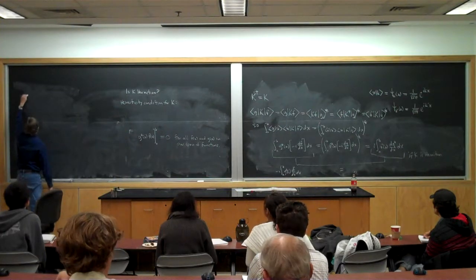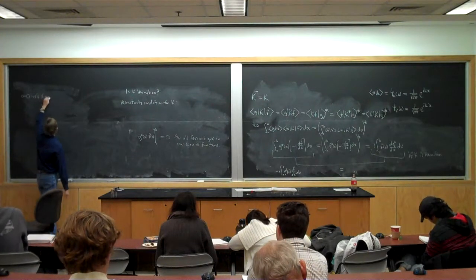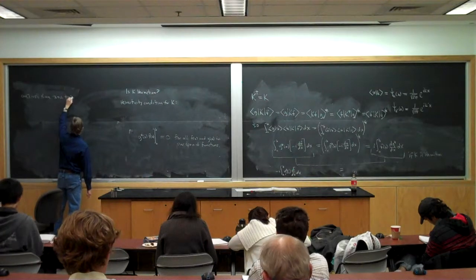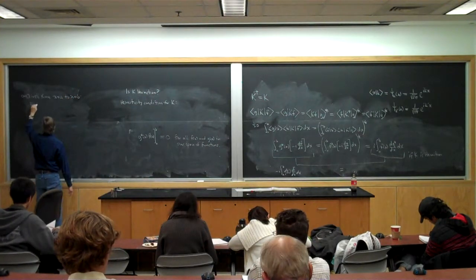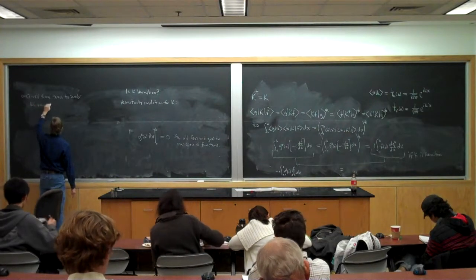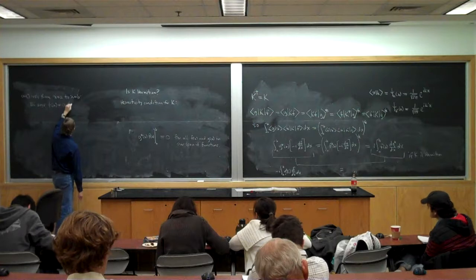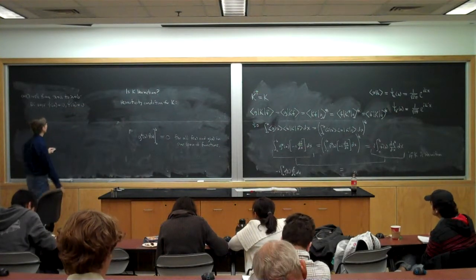So the infinite square well from x equals a to x equals b. The boundary condition says psi of a equals 0, psi of b equals 0.